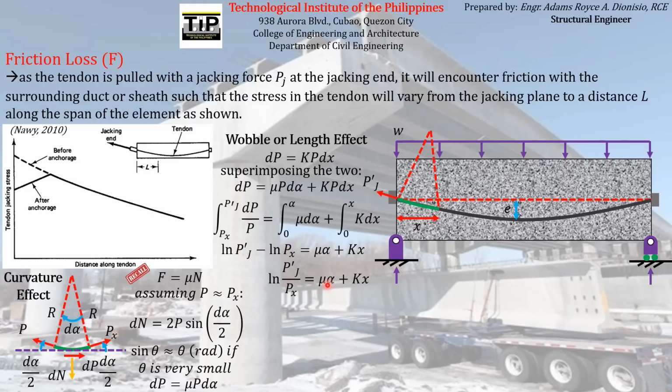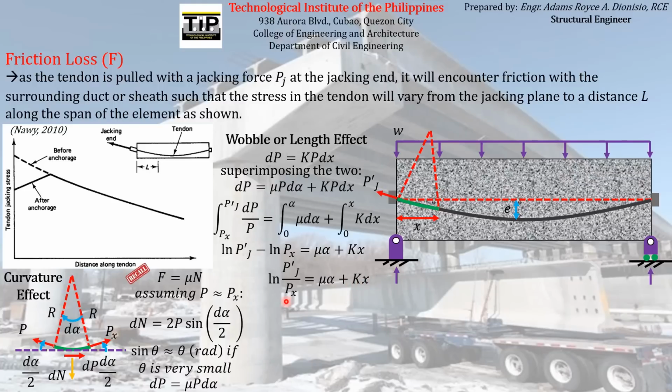And then if we raise e to the whole equation, using this equation, we can see that the left side of the equation will just be equal to Pj over Px, and the right side of the equation will just be equal to e to the mu alpha plus kx.